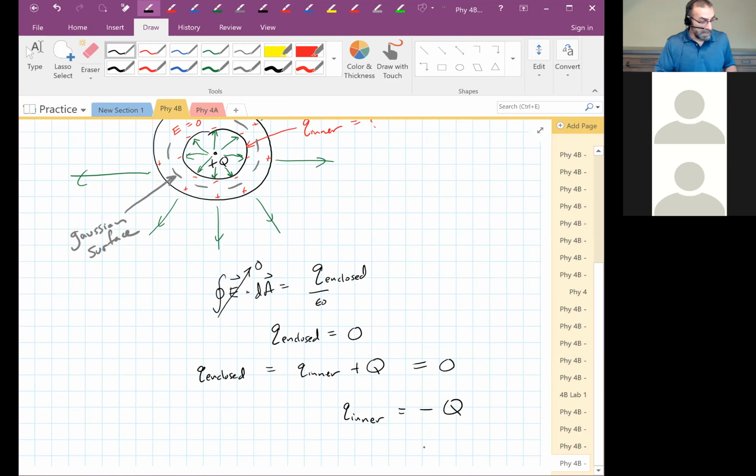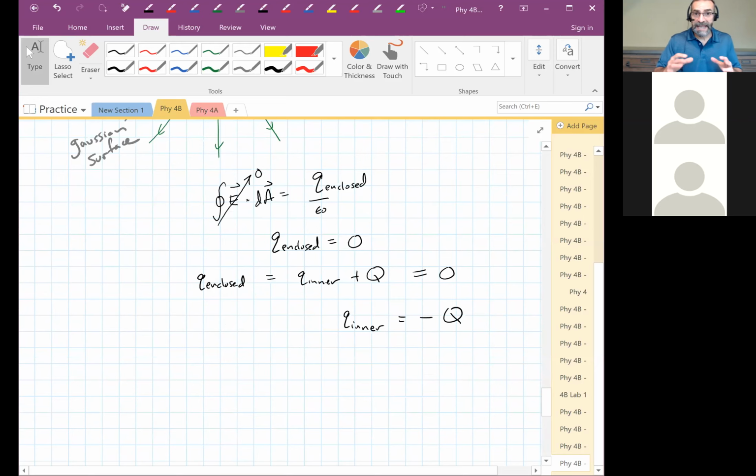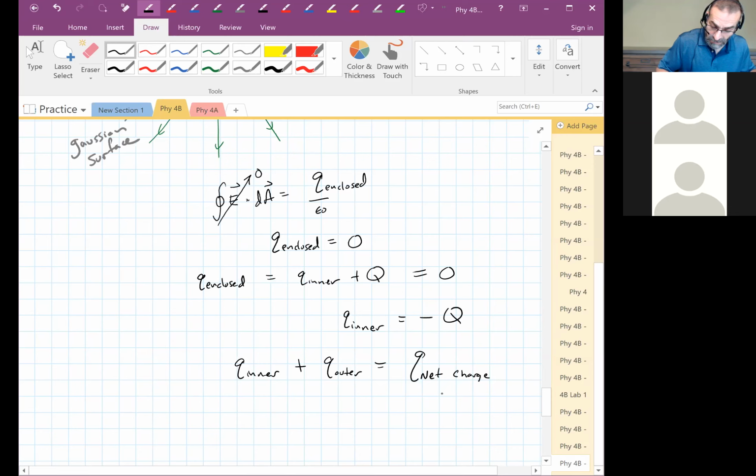So that's the easy one to find. The next one we want to find is Q outer. Well, if we know the net charge on the shell, then we can find that next, because we know that Q inner plus Q outer has to equal the net charge on the conductive shell, right? Because on the conductor, excess charge always ends up on a surface somewhere. It won't just hang out in the meat of the material of the conductor.